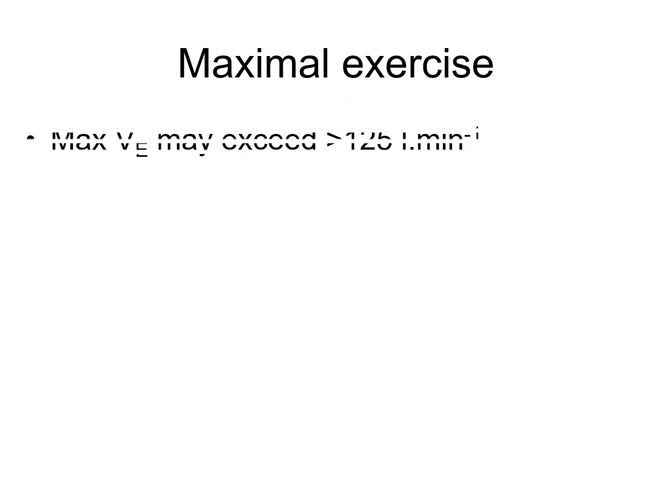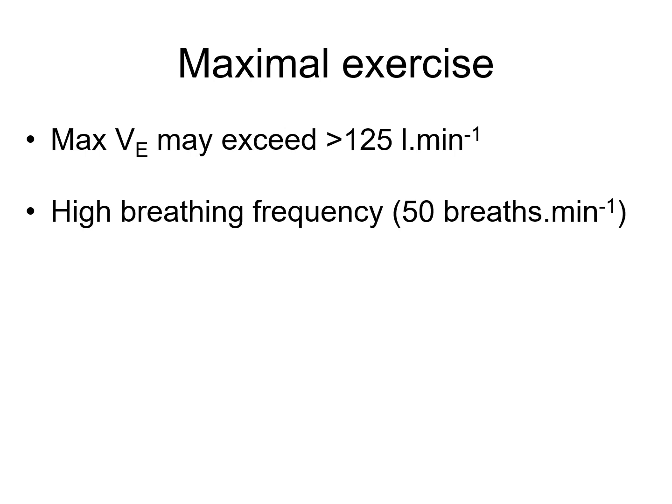Okay, and then during maximal exercise, and again these are values for average Joe, maximal minute ventilation may exceed around 120 to 125 litres per minute. For highly trained elite level endurance athletes, that can get close to 200 litres per minute. We see high breathing frequency, so around 50 breaths per minute.